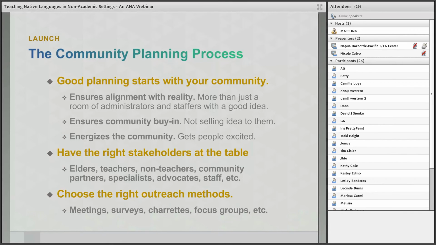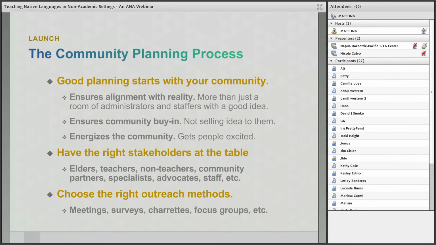So you need to energize the community, and even though it might be hard, if the energy is there, if the positiveness is there, if the excitement is there, they'll keep coming back. Okay? You have to have the right stakeholders at the table. And oftentimes with language, this includes elders.